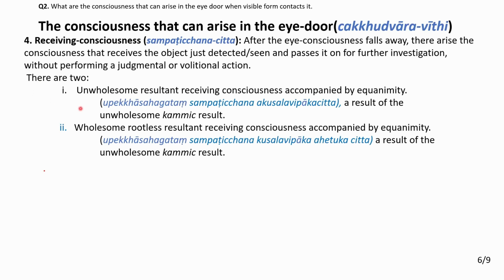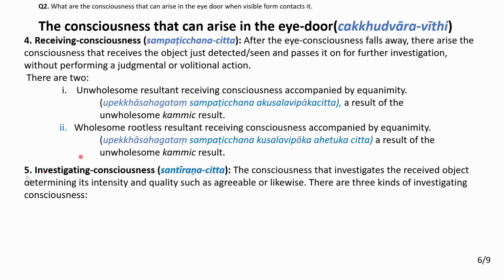They are the unwholesome resultant receiving consciousness accompanied by equanimity, and the wholesome rootless resultant receiving consciousness accompanied by equanimity. The first one is the result of unwholesome karma, whereas the second one, sorry, there's a mistake, is the result of wholesome karma.